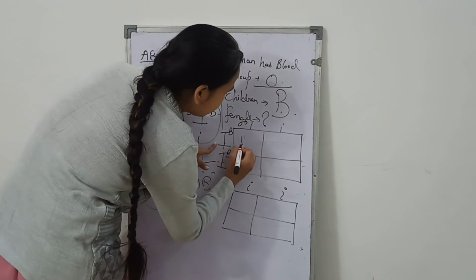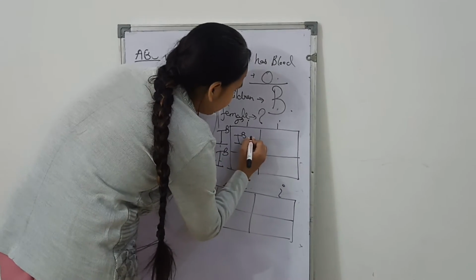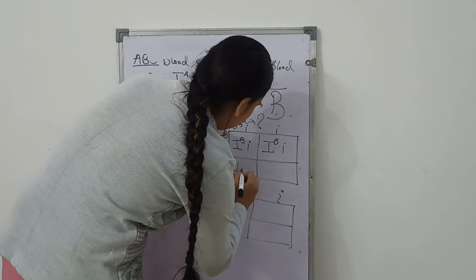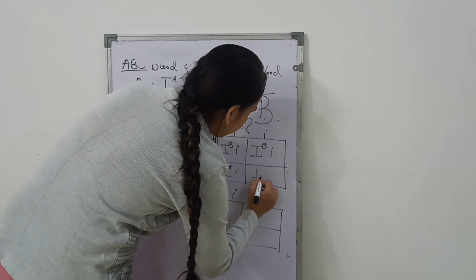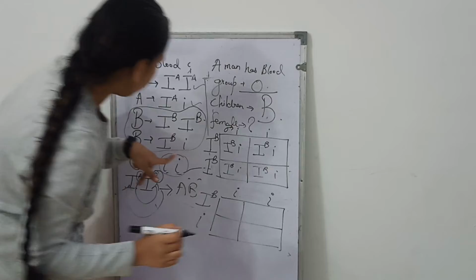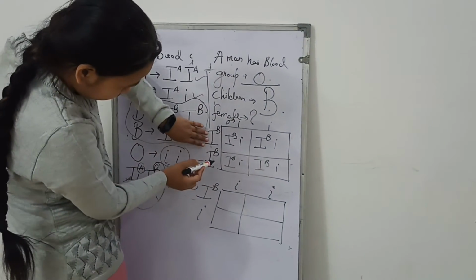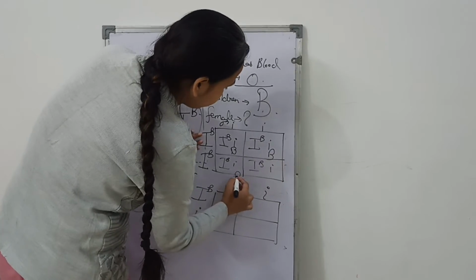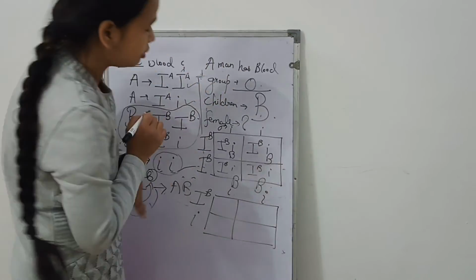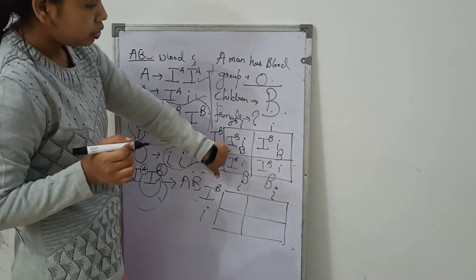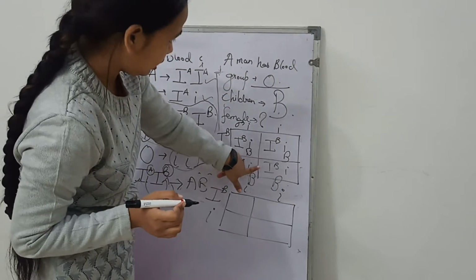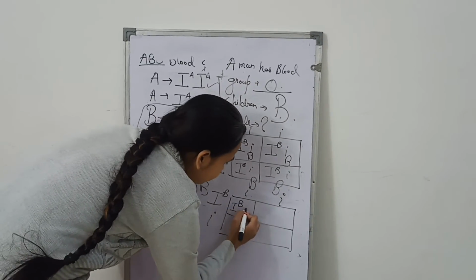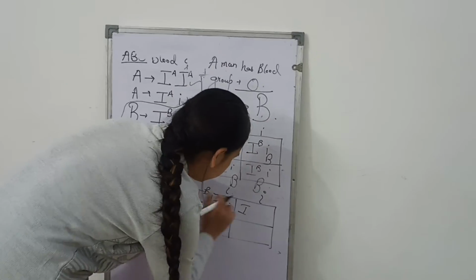If we do this cross, we will get IB i. Okay? IB i. So when we do this cross, here we see that all the individuals are having B blood group. Right? So either this can be possible, and we will do this cross also.